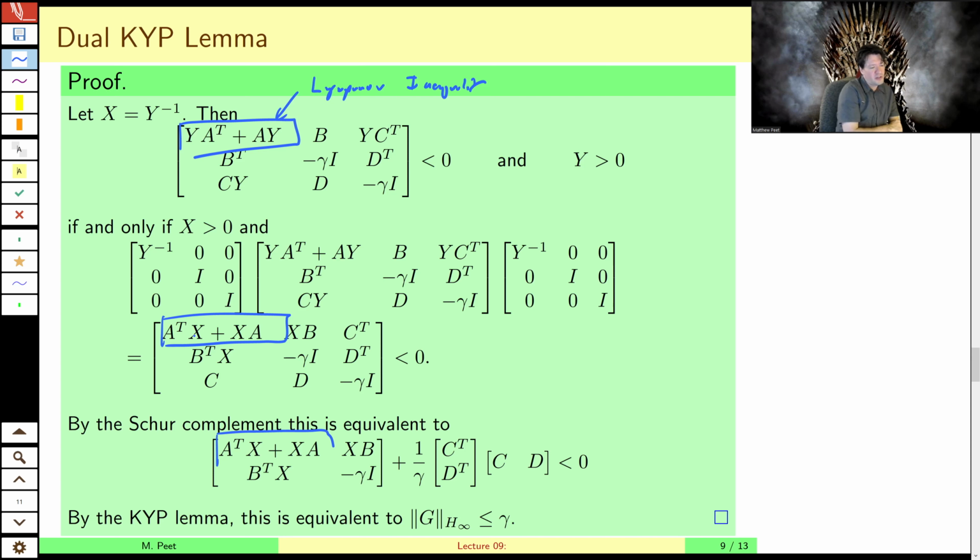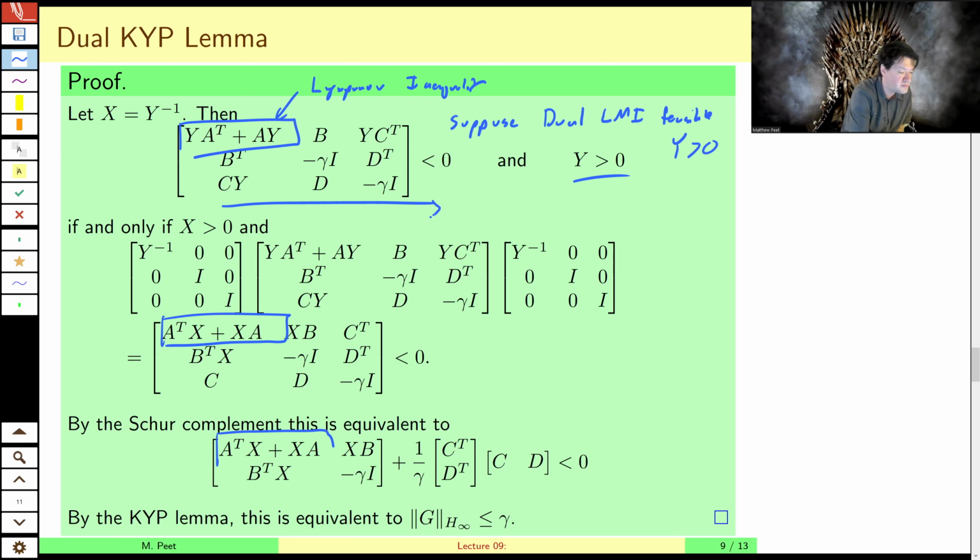So we actually go about it a little bit backwards. We're going to start with the dual version and show that that implies the primal version. So this is sufficiency. Suppose the dual LMI is feasible. That is, there exists a y greater than 0 such that this is less than 0.